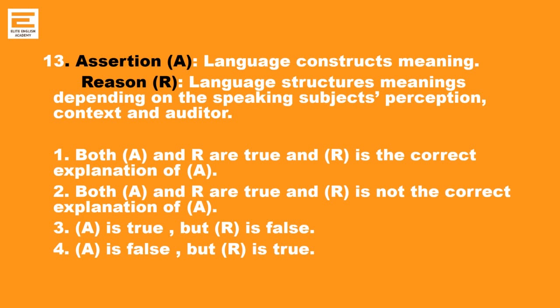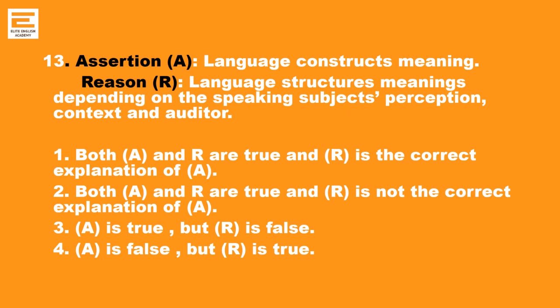Language structures meanings depending on the speaking subject's perception, context, and auditor. Who constructs meaning? First, language constructs meaning. Sometimes when we talk to our friends, when a misunderstanding comes, the thing we convey is, you don't understand what I speak. I did not mean that. That shows we did not use the correct language.